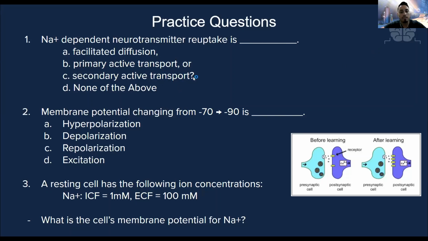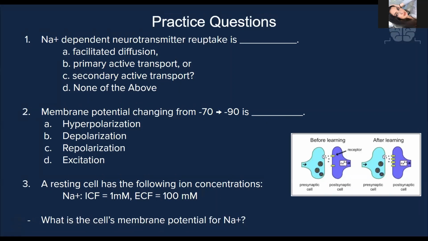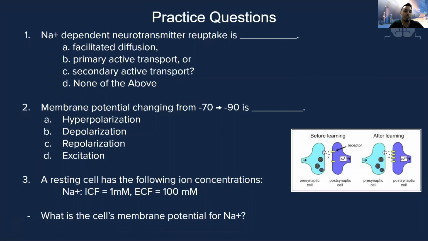Okay, so next we have, sure, who's asking? I was just wondering, and I think you already explained it, so sorry if I have to make you repeat, but can you differentiate between primary and secondary again? Okay, primary involves the use of ATP. It's a direct need for energy to make this happen. It's a process that requires energy, which makes it primarily active, let's just say.